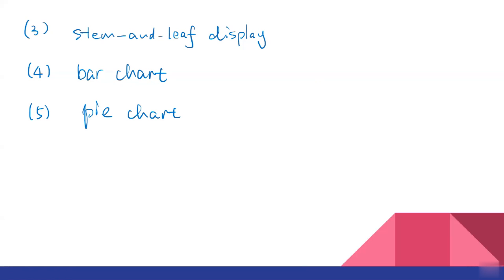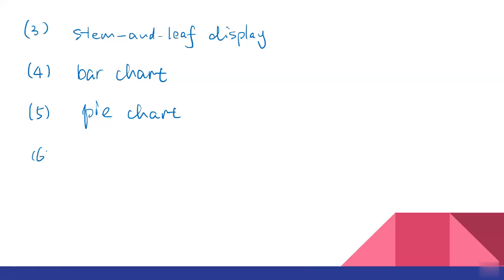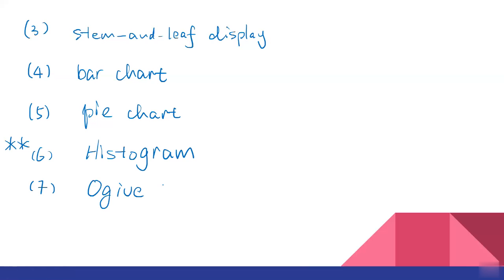Okay. And after that, we learned the most important aspects in this unit, which are histogram and Ogive diagram. Histogram is the most important aspect in this unit. Next one is called Ogive diagram. You should be able to tell the difference between these two diagrams.